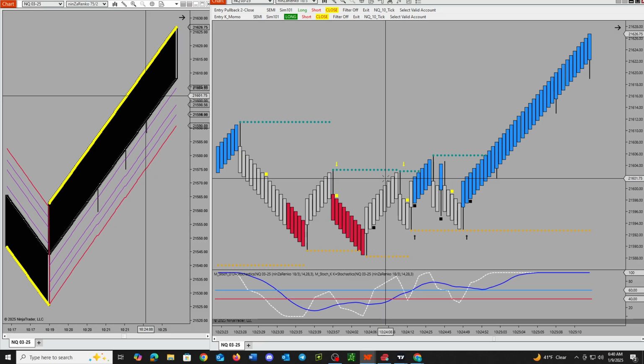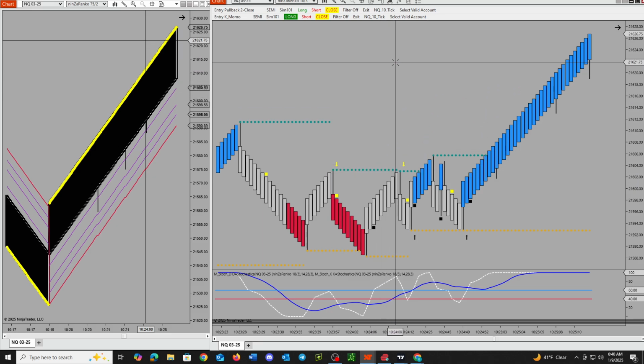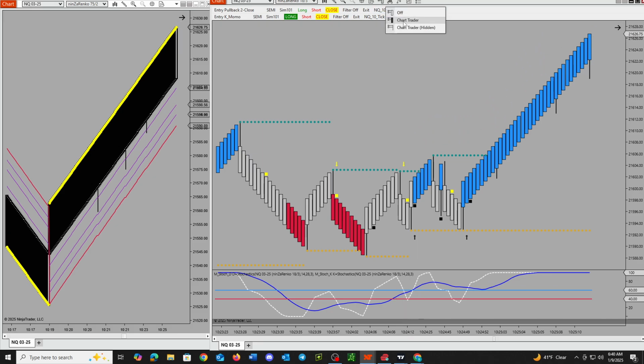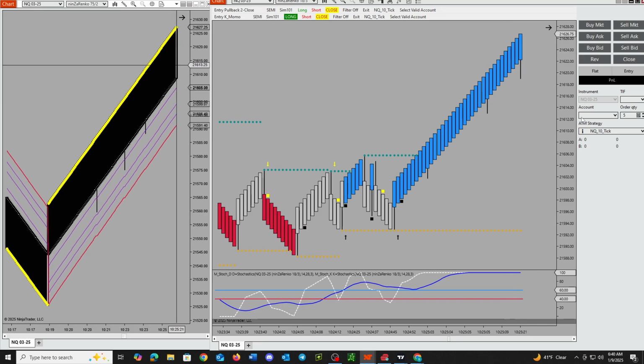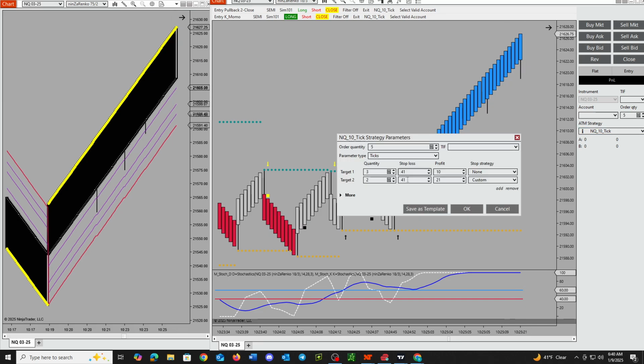I'm running, I move my stop loss down to 31 or 41 ticks. I can't remember what it was. $41.